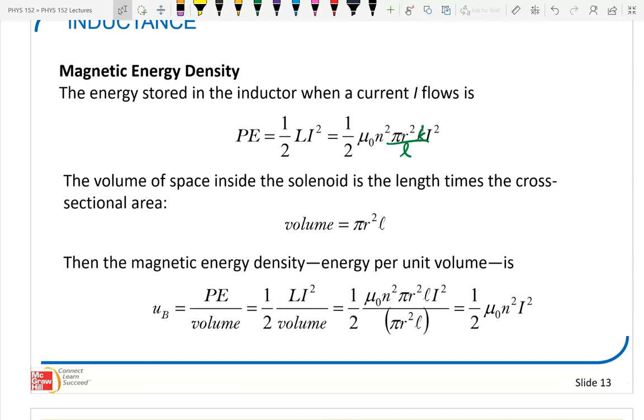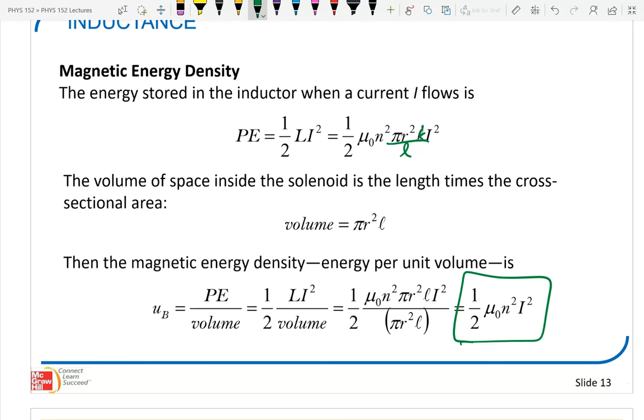And yeah, well, one of the two places I made a mistake, and I'm pretty sure that I have a mistake here. I have to go back. I know this is the correct answer, but I'll have to go back and check what I did with the length there, because the length does need to cancel out. But the energy per unit volume is proportional to the current squared.